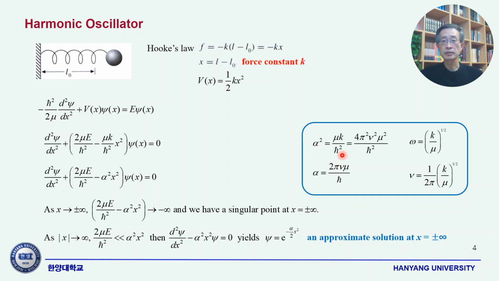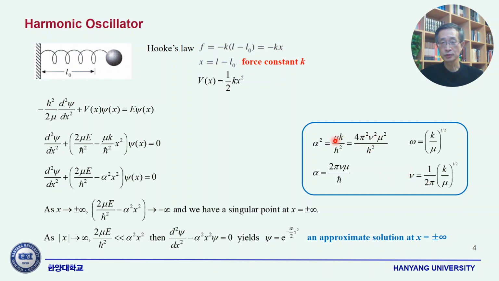You remember that omega is the square root of k over mu, and nu is 1 over 2 pi times the square root of k over mu. So you can have k in terms of 2 pi nu: k is 2 pi nu squared times mu, which is 4 pi squared nu squared times mu.